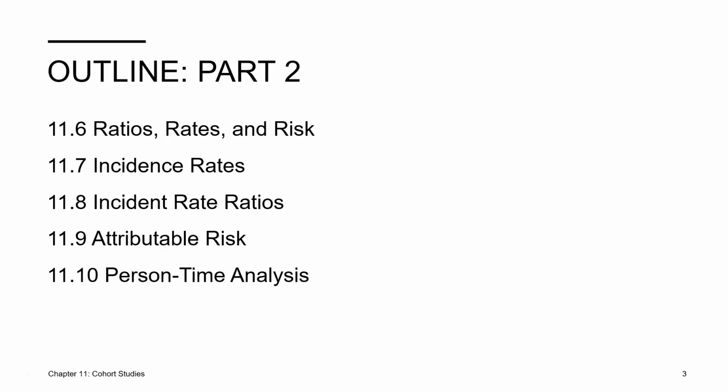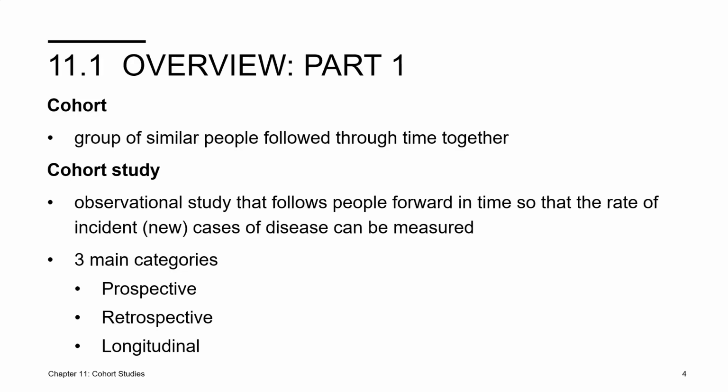Section 11.7 goes over incidence rates. Section 11.8 covers incident rate ratios. Section 11.9 covers attributable risk, and Section 11.10 covers person time analysis. A lot of these concepts were covered in your epidemiology course, so there's a lot of different terminology here that may be familiar to you.